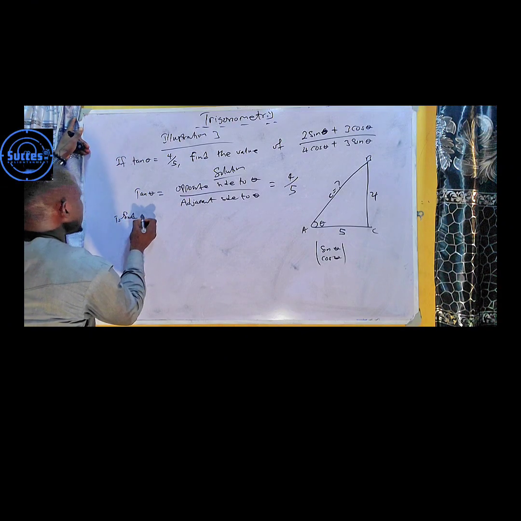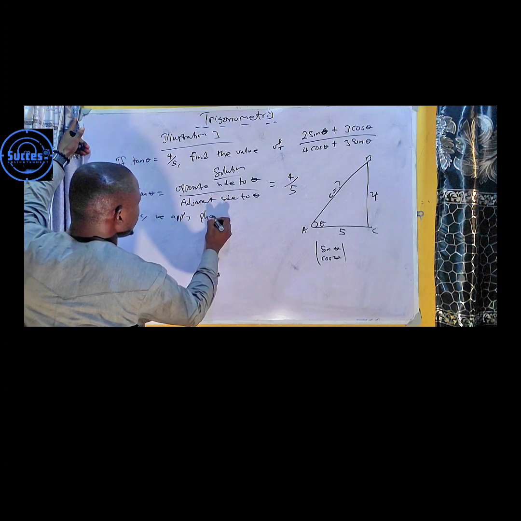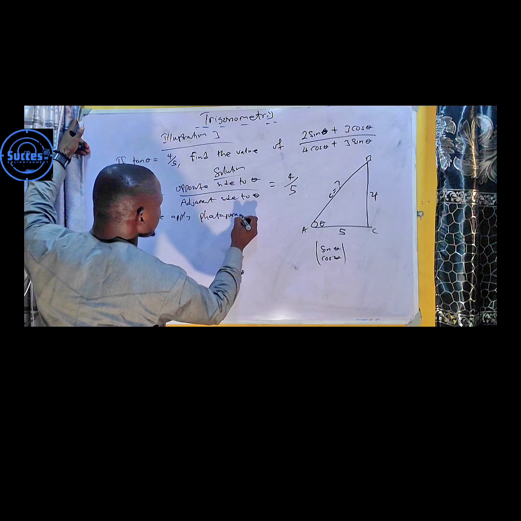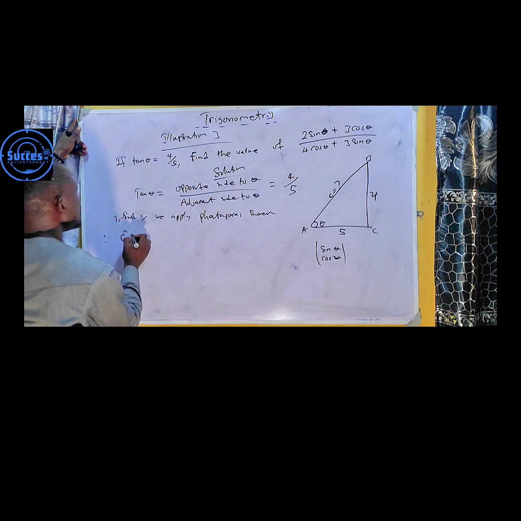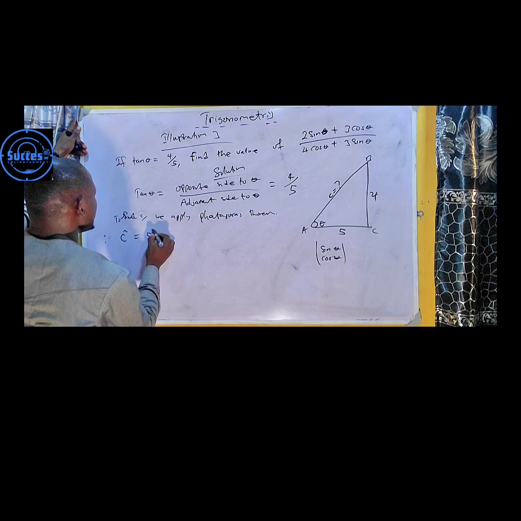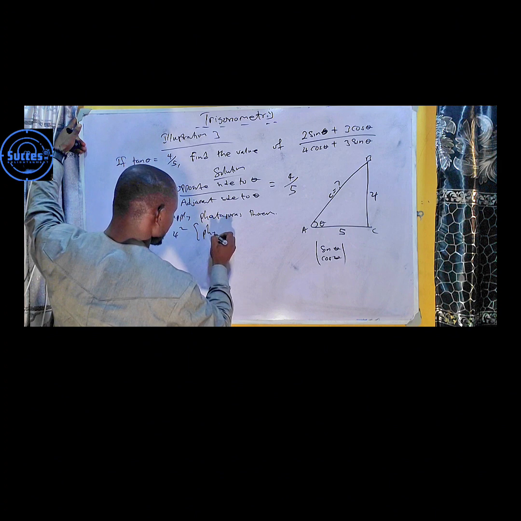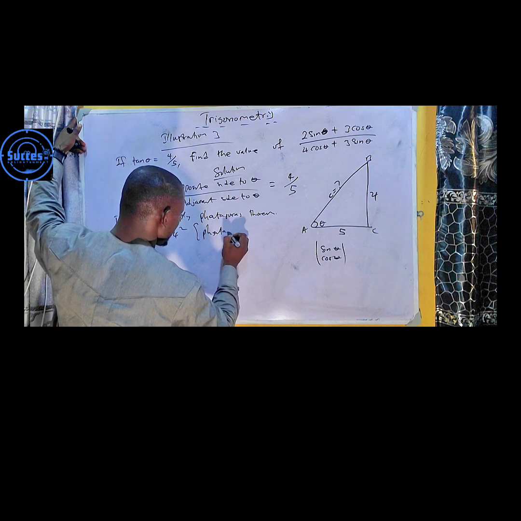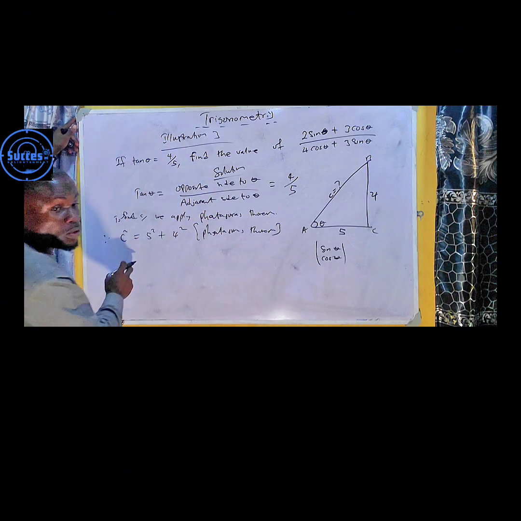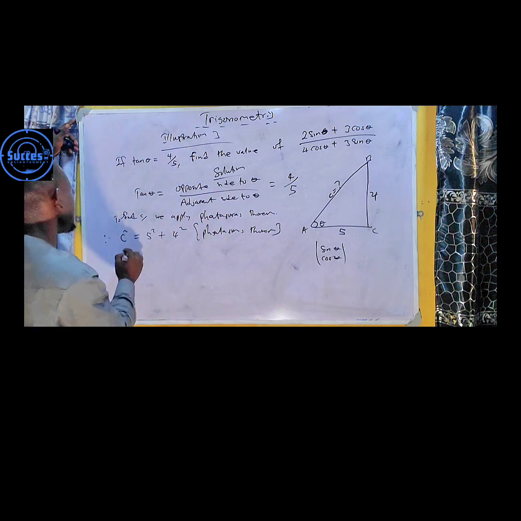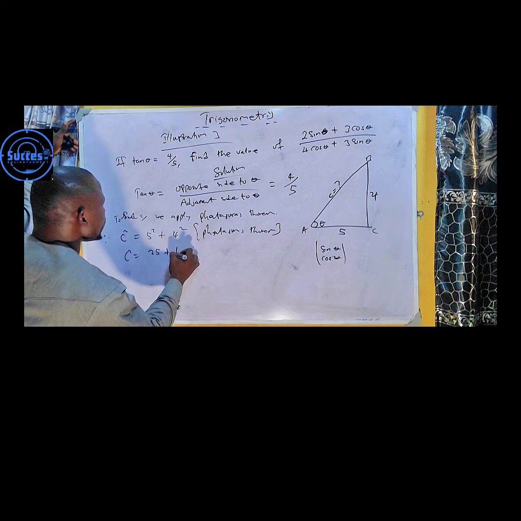To find c, we apply the Pythagoras theorem. That is c square equals 5 square plus 4 square. This is what the Pythagoras theorem says. So c square equals what? 5 square is 25, 4 square is 16.